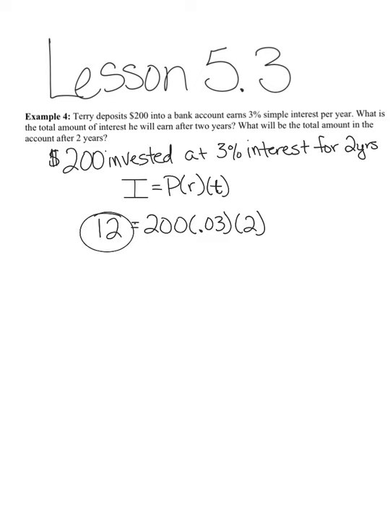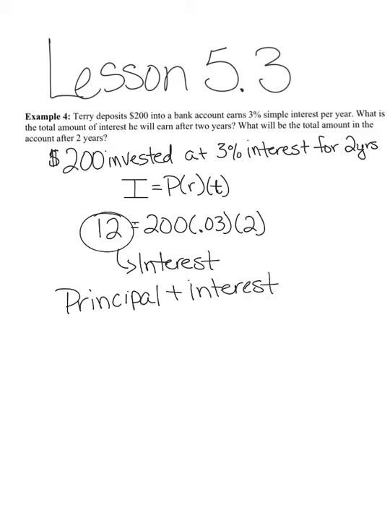Now to find the total amount in the account, we're going to take the principal plus the interest to find the actual value, which is $212.